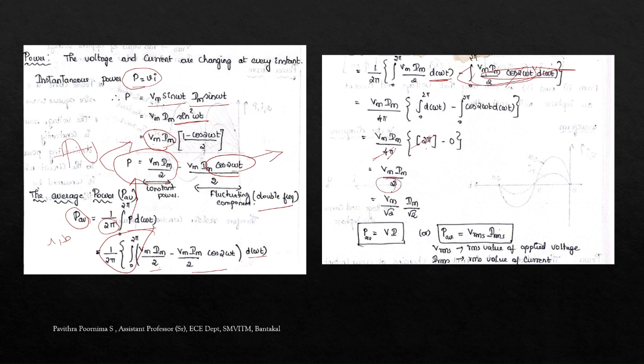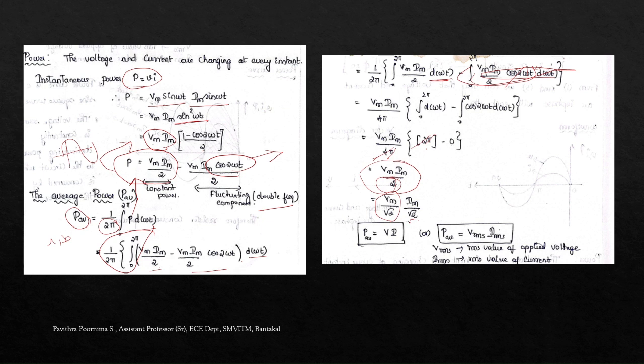So Vm Im divided by 2, and we can write this in terms of RMS: Vm divided by root 2, Im divided by root 2, because root 2 into root 2 is 2, just as root A into root A is A. So splitting the term, we write it as Vm divided by root 2, Im divided by root 2.